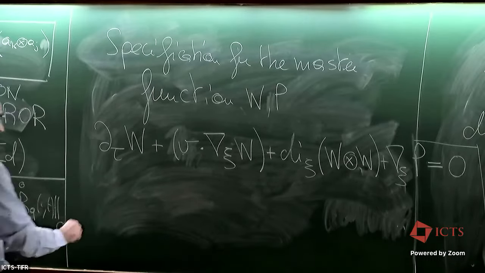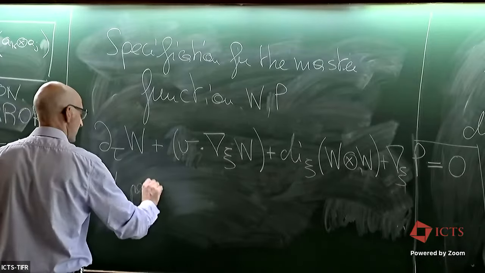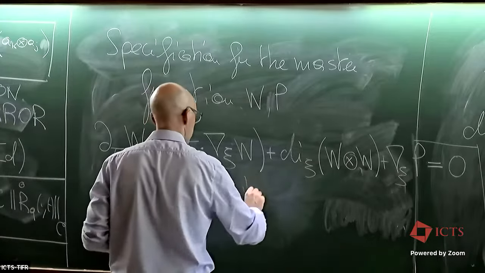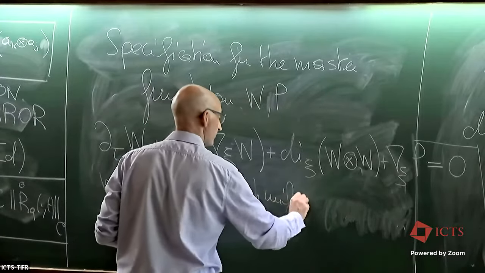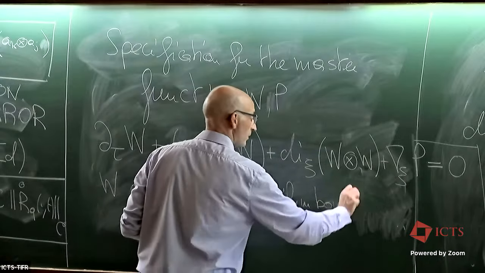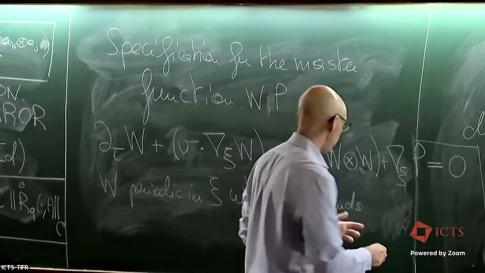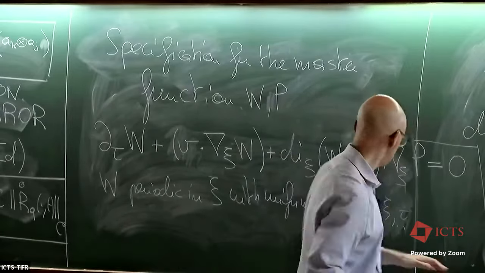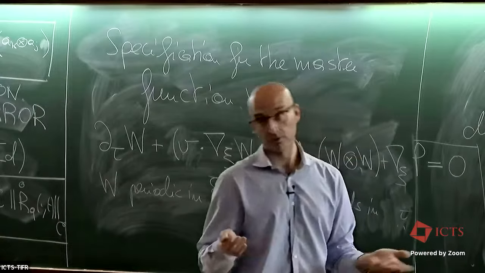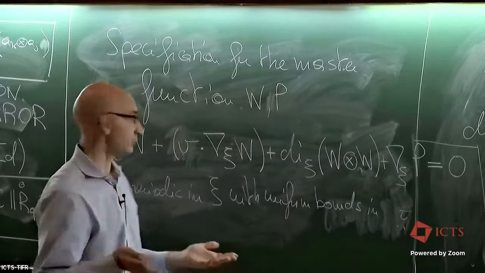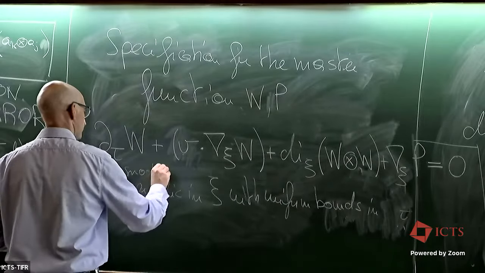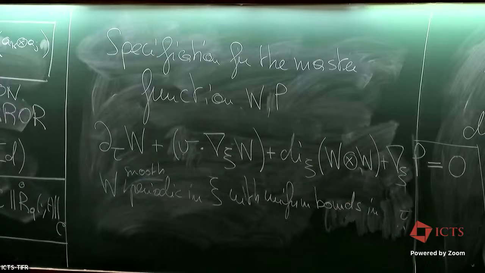So let's say W periodic in psi with uniform bounds in psi and tau. If it is also periodic in tau, instead of saying uniform bounds, I can just say smooth. So it has to be smooth in psi with uniform bounds in tau. And then the final specification, right?